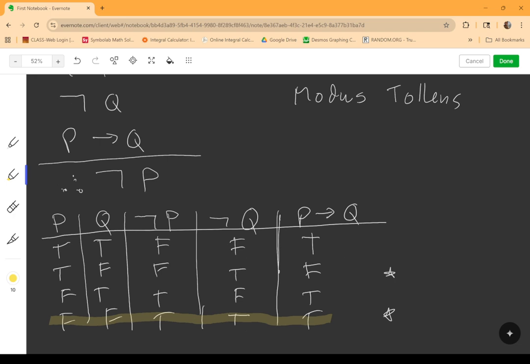Okay, so that is where the two premises are true: not Q, P implies Q. And now let's look at not P. That is also true, right? So here we have true premises, and we can lead to a true conclusion. So this is a valid argument.